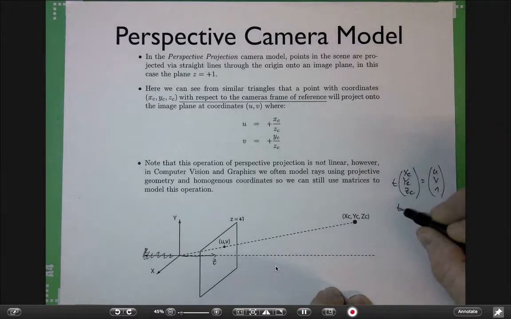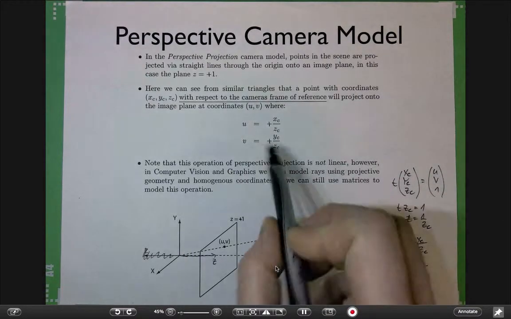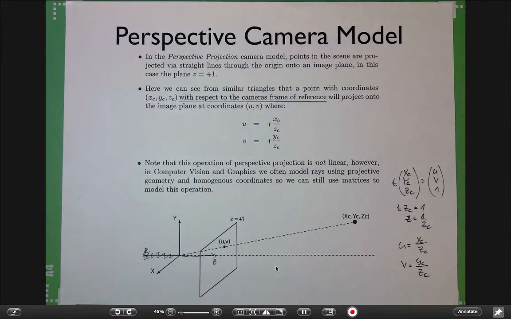So that means that t zc has to be 1, so t is 1 over zc. If I plug it in there, I will get that u is xc divided by zc and v is yc divided by zc. Those are the formulas you had here in a little better font.